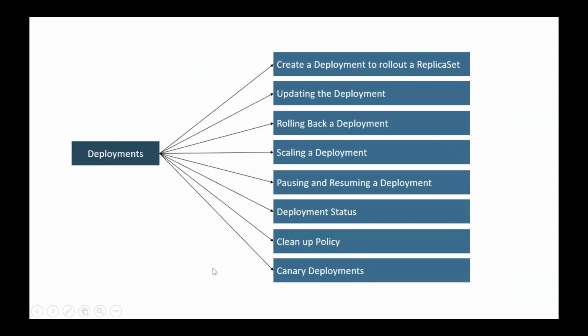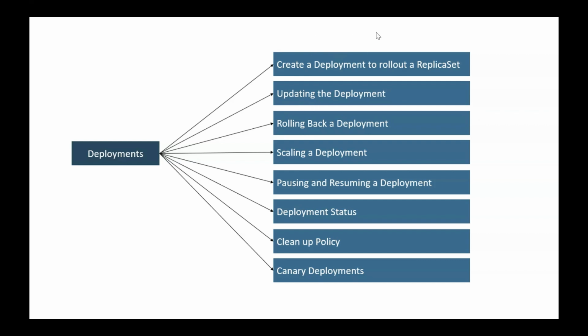We'll see what the advantages and features of deployments are. The first one is to create a deployment to roll out a replica set. If you have to deploy a replica set, then you can create the deployment and define how many replicas you want for the pods, and a replica set will be created inside the deployment.